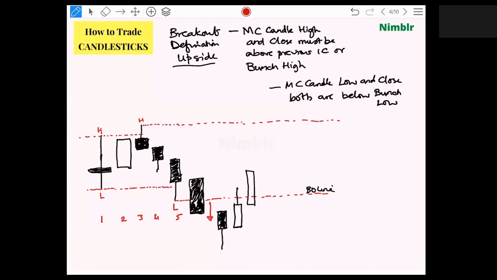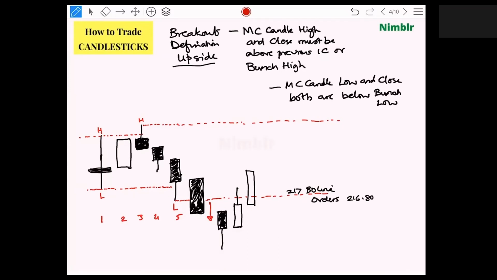Now, what do we do here? We place our BO line here. We place our orders here. Right? If this value is say about 217, so our orders will be placed at 216.80, because we are moving down.